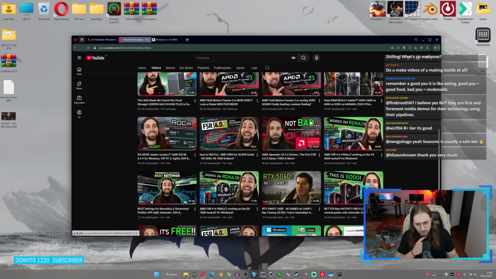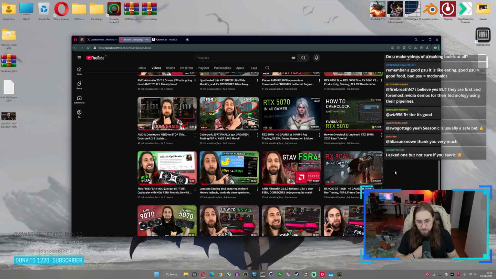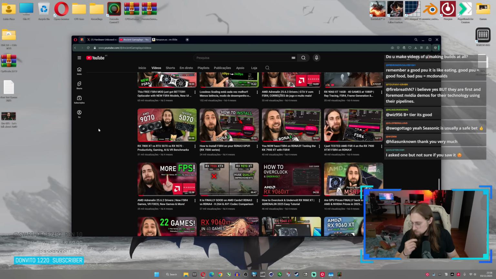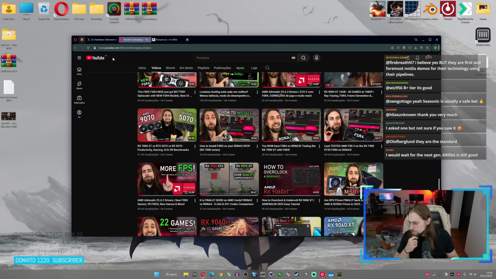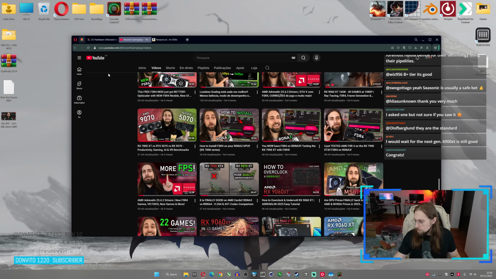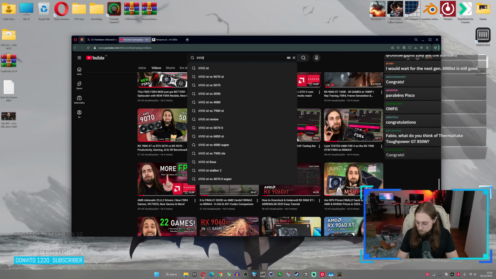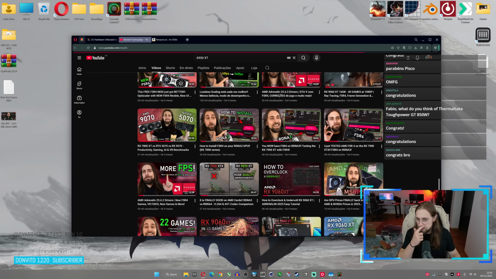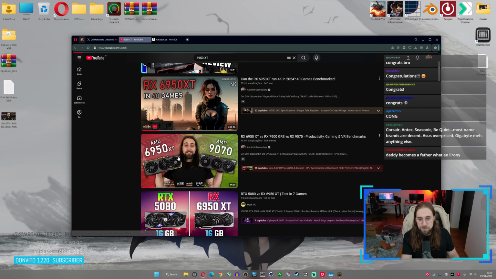But if you are going to the 9070 XT, and if you want to see, from the 6900 XT, I believe that I have benchmarks with the 6950 XT. Yeah, it is here. So 6950 XT versus 9070.